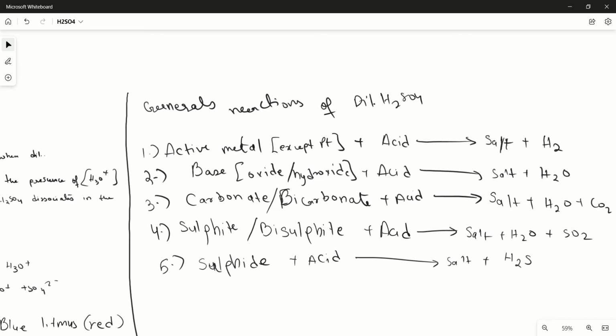So the acidic property, then we'll talk about the action with bases, then with metallic carbonates, bicarbonates, metal sulfides, metal sulfites, and that's it. Let's first talk about the acidic property. What does the acidic property mean?